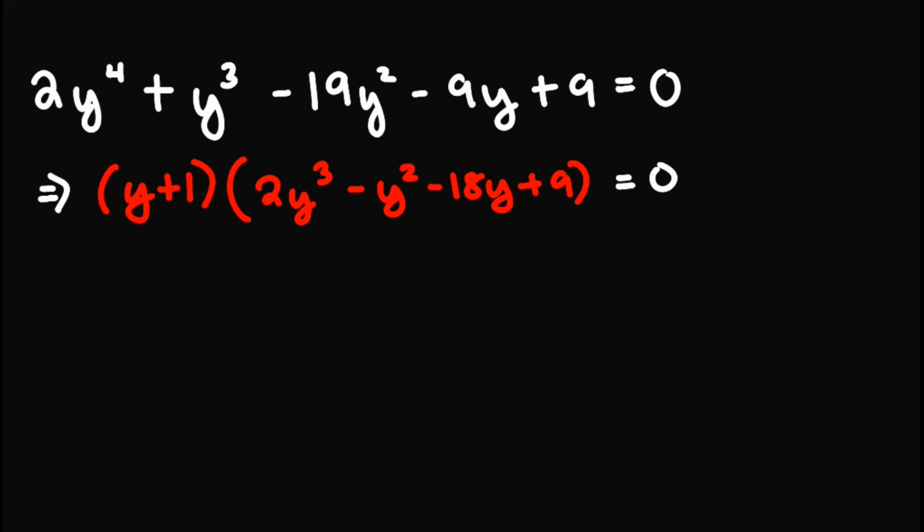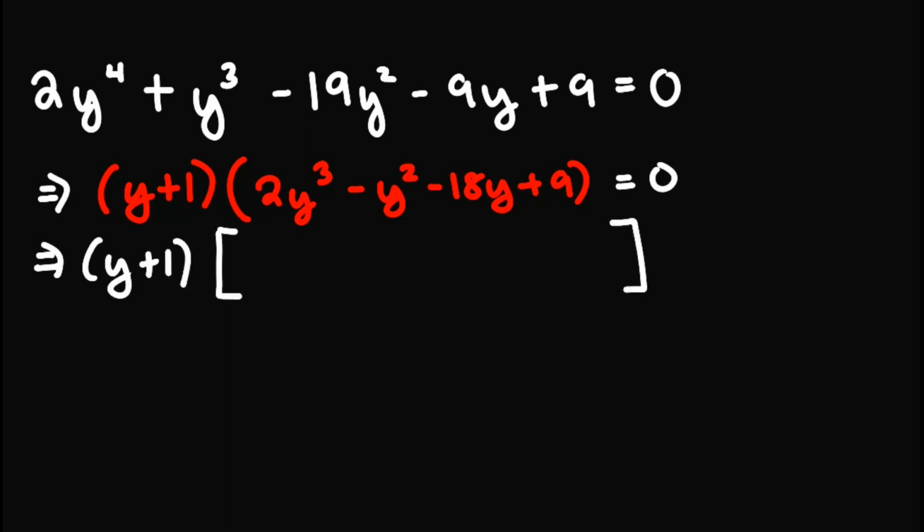Now, the next step is we could either apply the synthetic division again, or observe this. Note that by our knowledge in factoring, we know how to factor 4 terms. So, we can write this one as y plus 1, and this one inside.